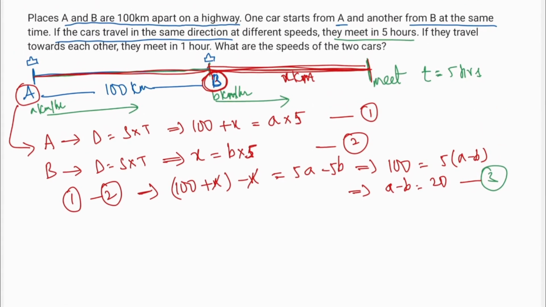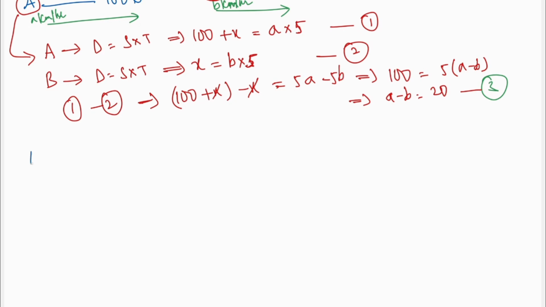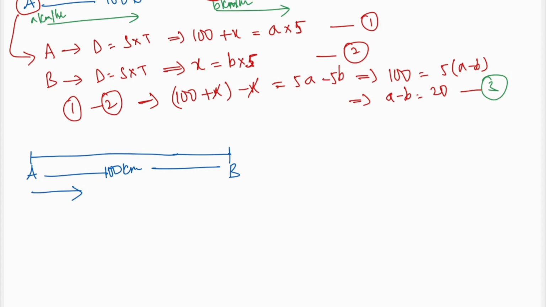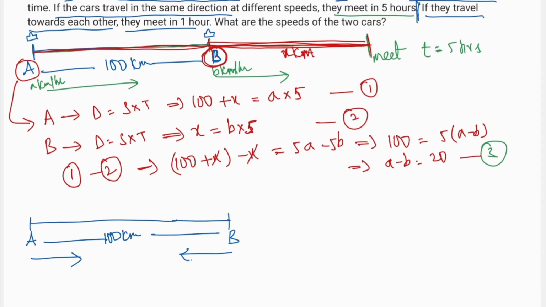And what is the other condition given? If they travel towards each other, the distance between these two places A and B is 100 kilometers. If A has traveled towards B and B has traveled towards A, they meet in 1 hour.